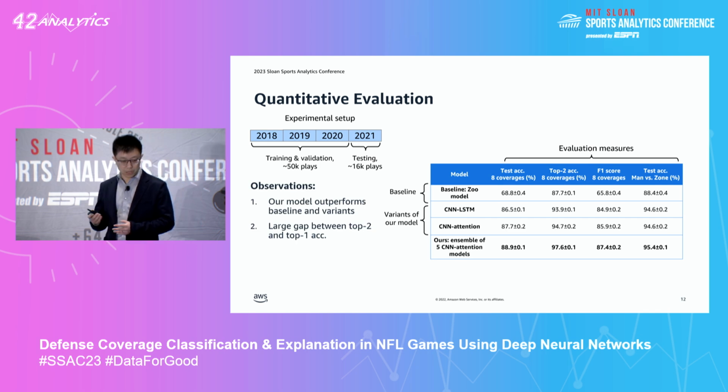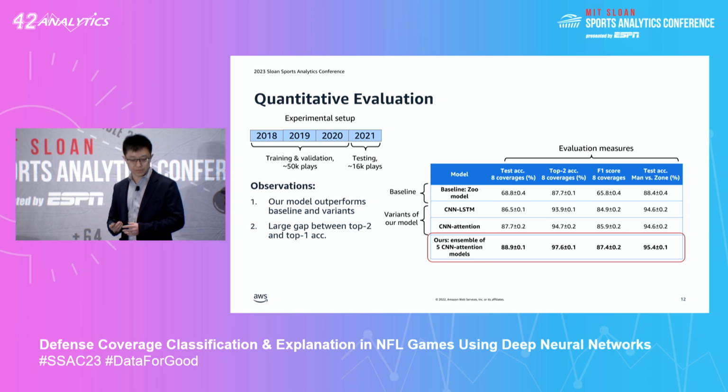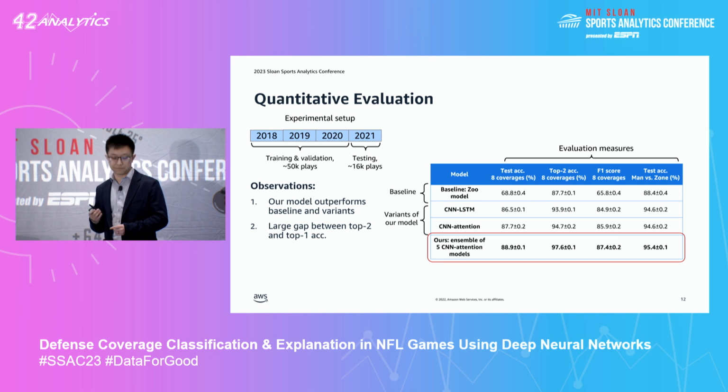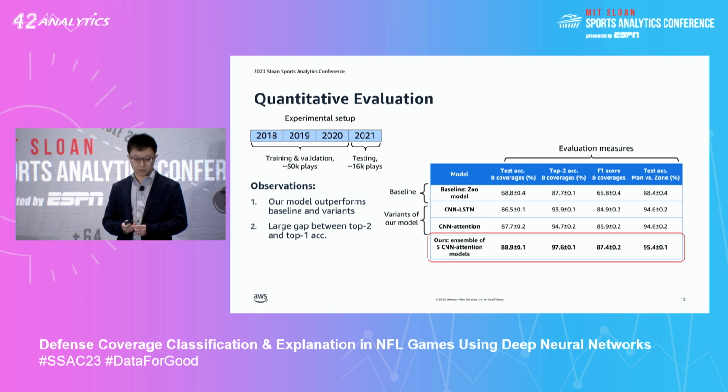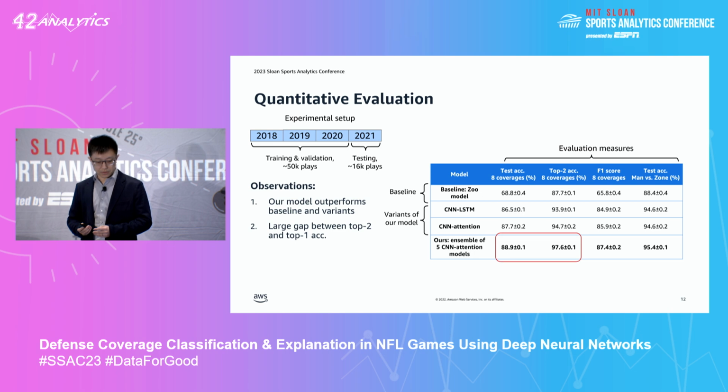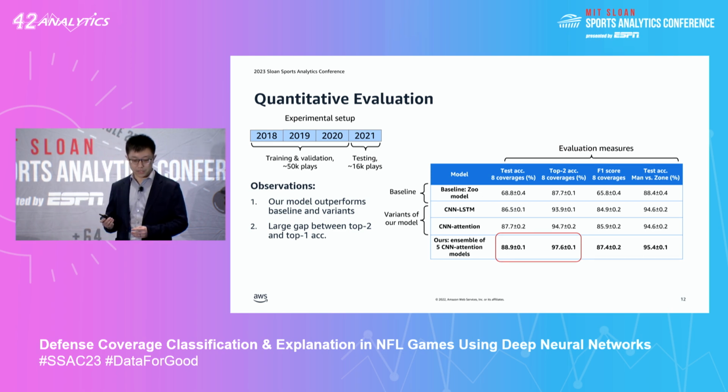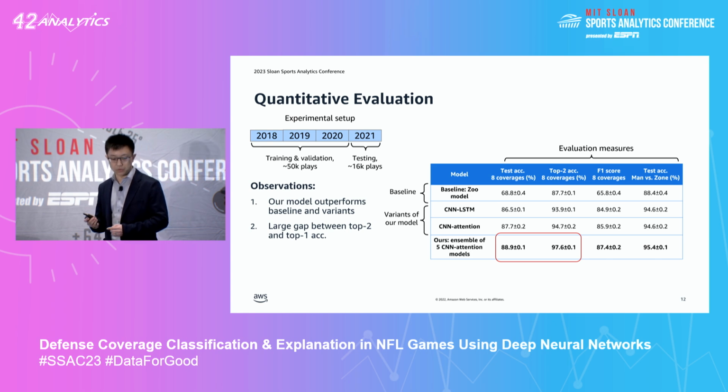So we have 2 observations. The first one is that our model outperformed both the baseline and different variants. This demonstrates the effectiveness of the proposed components. And very interestingly, if we compare the top 1 accuracy of the 8 coverages and the top 2 accuracy, we see a large gap here.